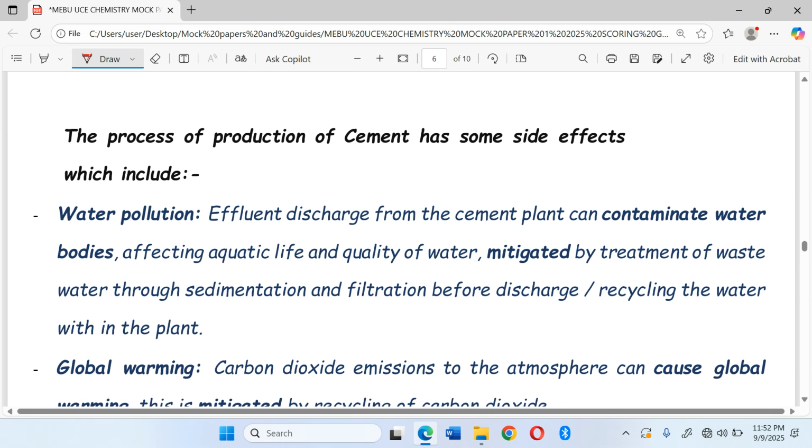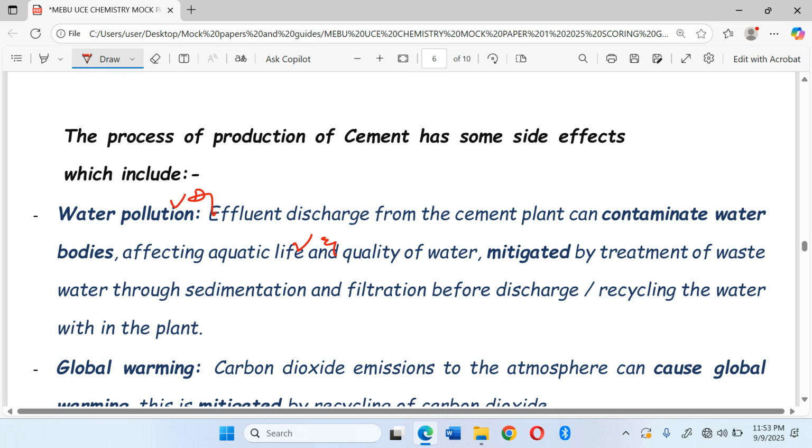Then we said that the process of production of cement has some side effects. The first side effect is water pollution. How does it come about? The effluent discharge from a cement plant can contaminate water bodies, affecting aquatic life. This is the danger.